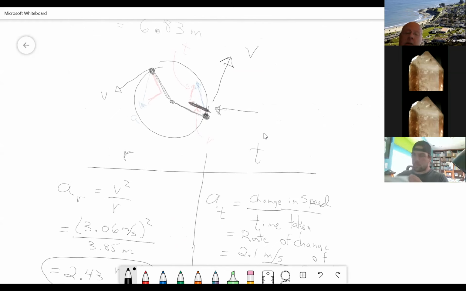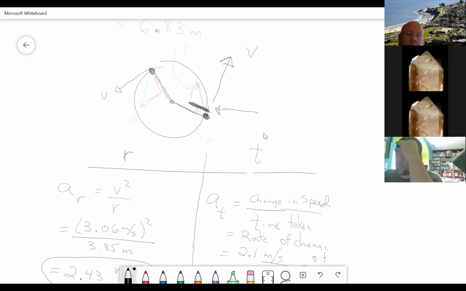And so I would say the lesson to learn here is to know that the acceleration, like any vector, can be listed in parts. And my recommendation for you 121 people here is, just like we would do X and Y for projectile motion, anytime you have circular motion, you want to break it into its two pieces, which we call radial and tangential.